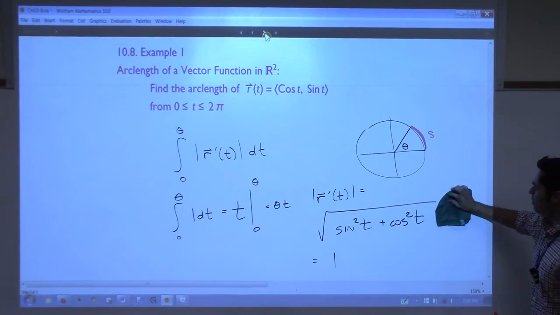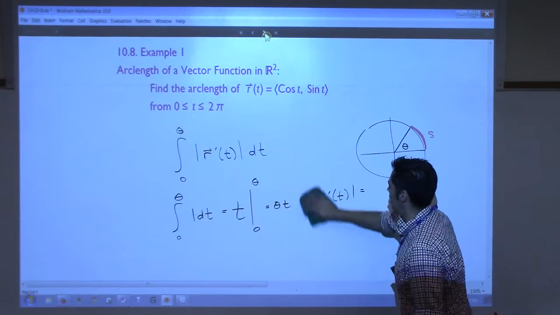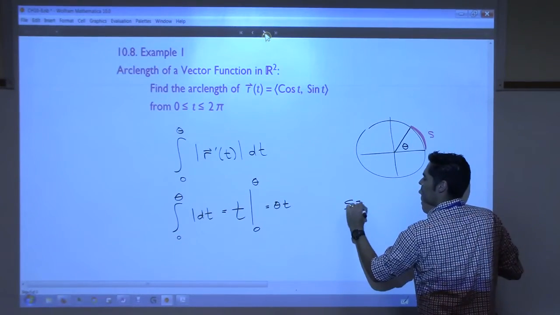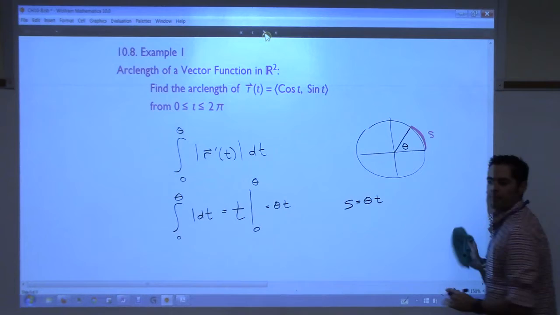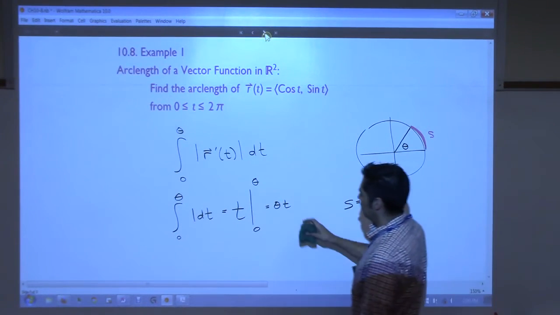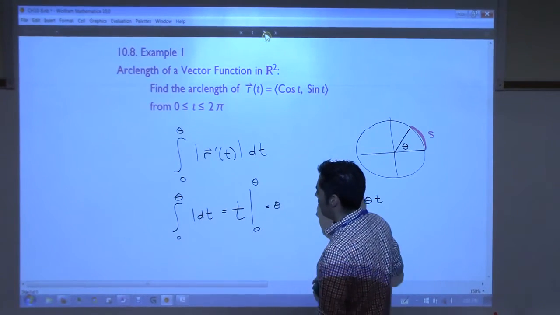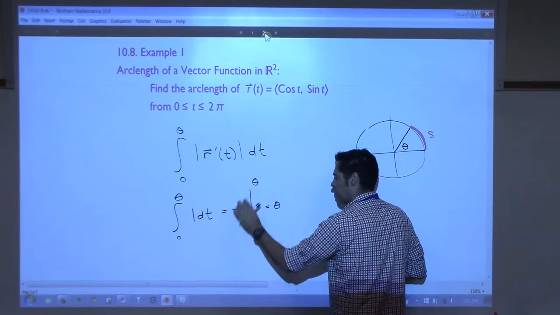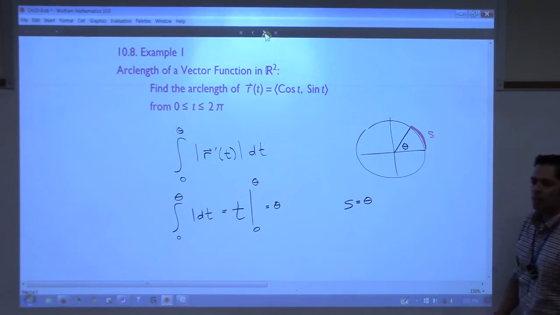In other words, S would be equal to theta. Y'all follow that? Hold on. No. Sorry. What did I mess up there? Theta goes in for t. So it's just theta. So S would be theta.